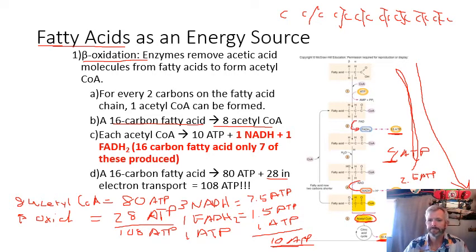All right, but you can see how this is a good energy store because we're able to make lots of ATP from it by breaking it down. So we're able to store lots of energy in those fatty acids that we store away. That's why sometimes they're hard to get off, because we've got to burn a lot of energy to make them go away.